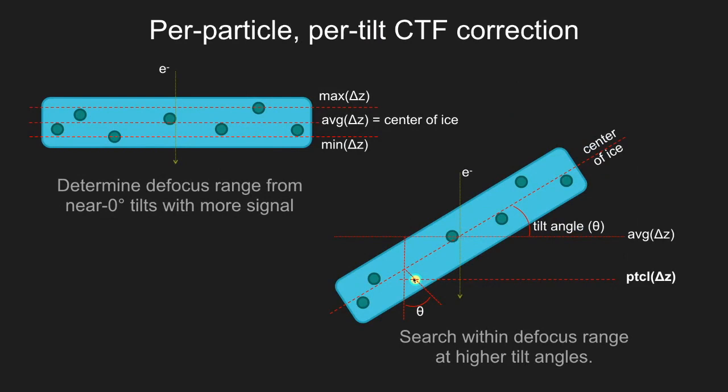Since we've boxed out all of our particles, we know where all our particles are in 3 dimensions, and we know the tilt of each tilt image in the microscope. So from that, we can pull out the 3-dimensional location with respect to that known defocus here, and this distance will give us a defocus offset for each tilt for each particle. And then we can do truly accurate CTF correction on a per particle basis. And this is what ostensibly would allow you to move down to even 3 or 4 angstrom resolution.